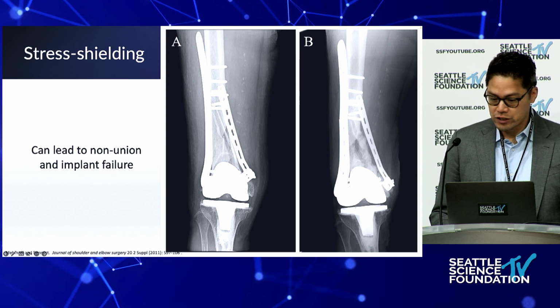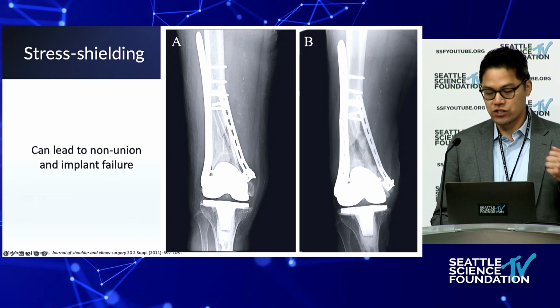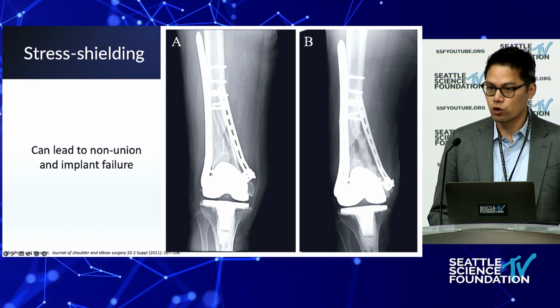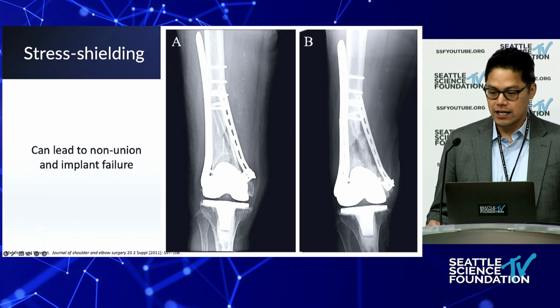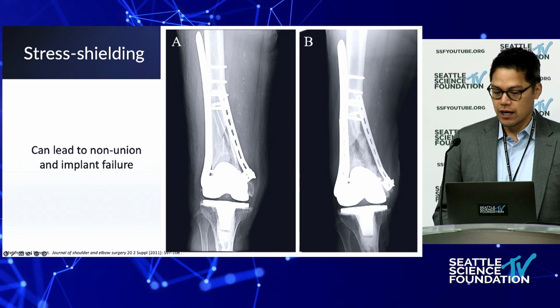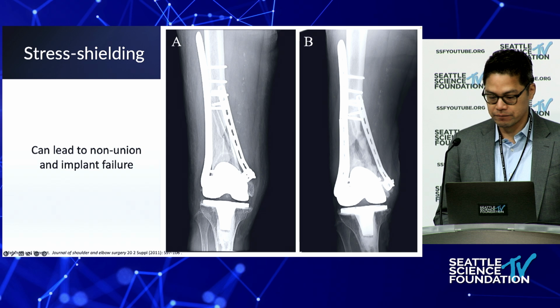Now, with regards to stress shielding, Wolff's law states that bones will adapt to the forces that they see. Over time, they will strengthen and remodel to resist load forces. But conversely, if the fixation is too stiff and the bones don't see any stress, the bones will resorb. This phenomenon can lead to non-union and implant failure.